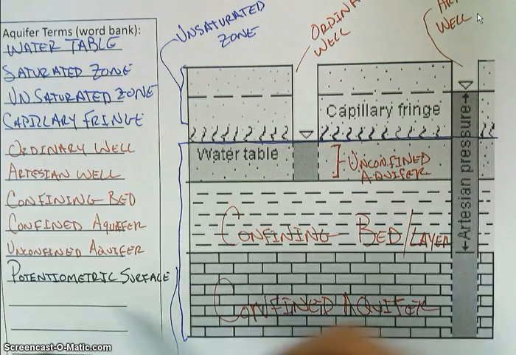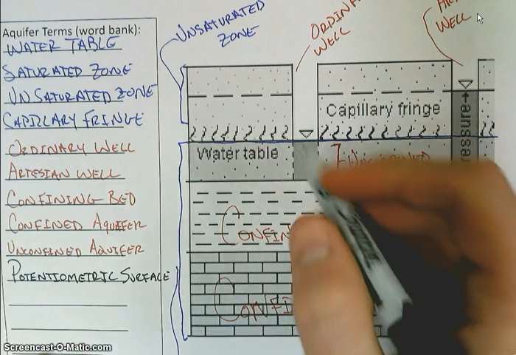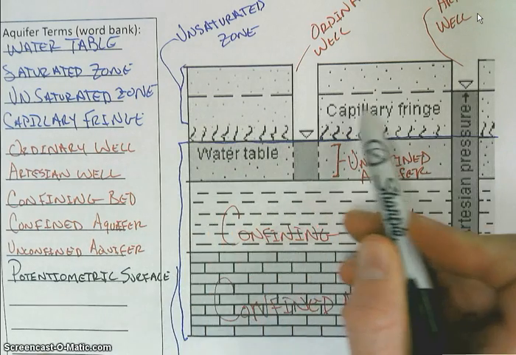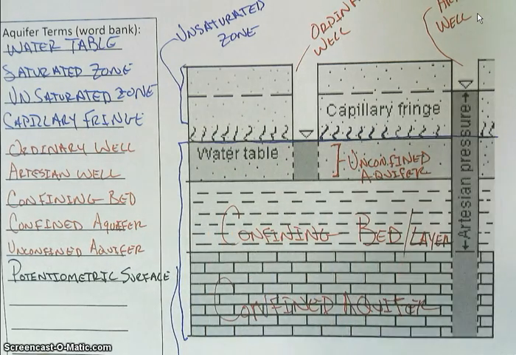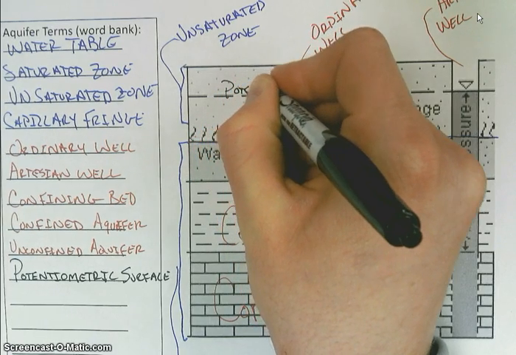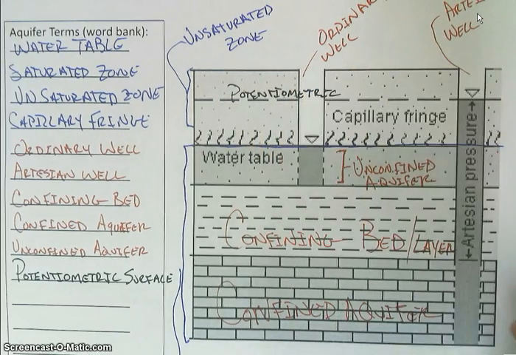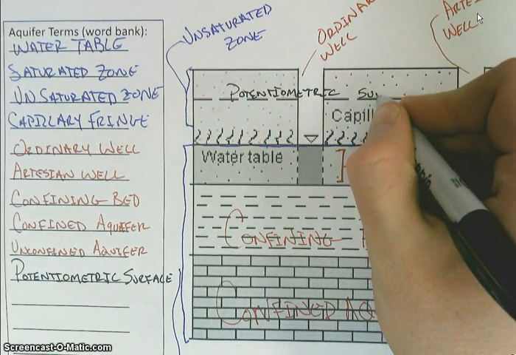And again, as I defined, this is the surface at which water will rise when drilled to because of artesian pressure. If you'll notice, there's this dashed line that lines up with where the artesian pressure reaches. This right here is the potentiometric surface.